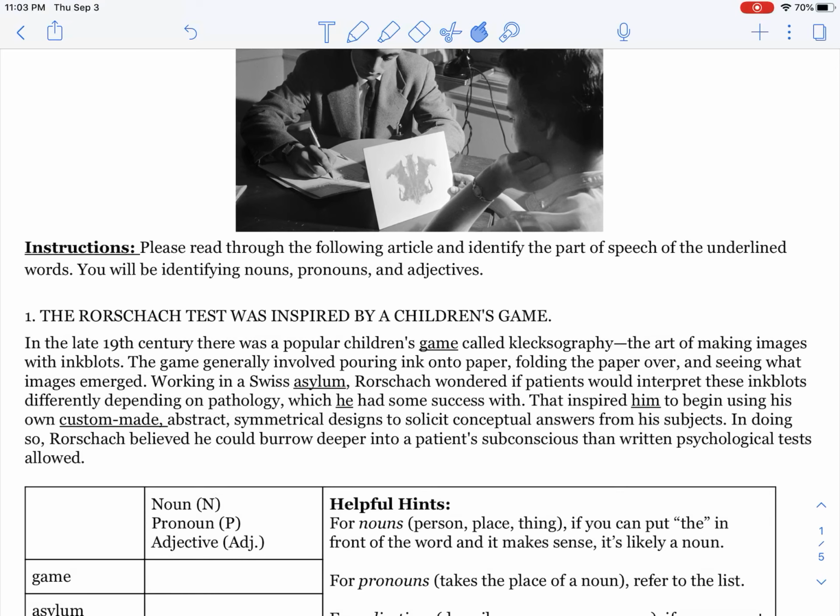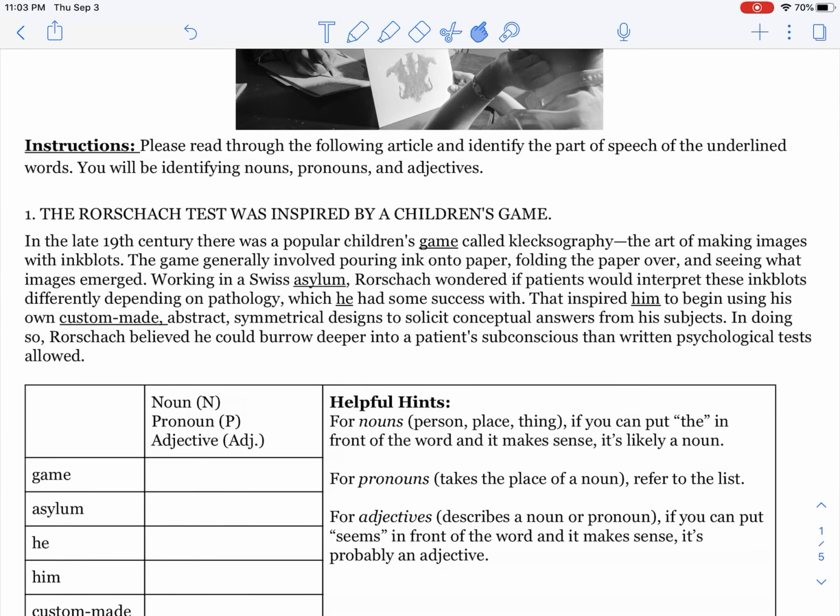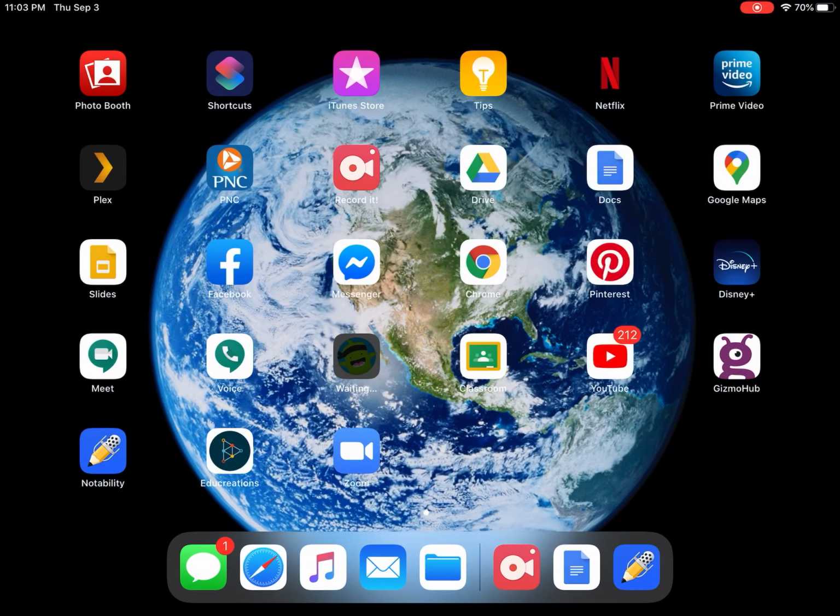And I'm going to do the first 3 with you so that you understand what we're doing. So it says, please read through the following article and identify the parts of speech to the underlined words. So let's just read through it. It says, the Rorschach test was inspired by a children's game. In the late 19th century, there was a popular children's game called Klexography, the art of making images with ink blots.